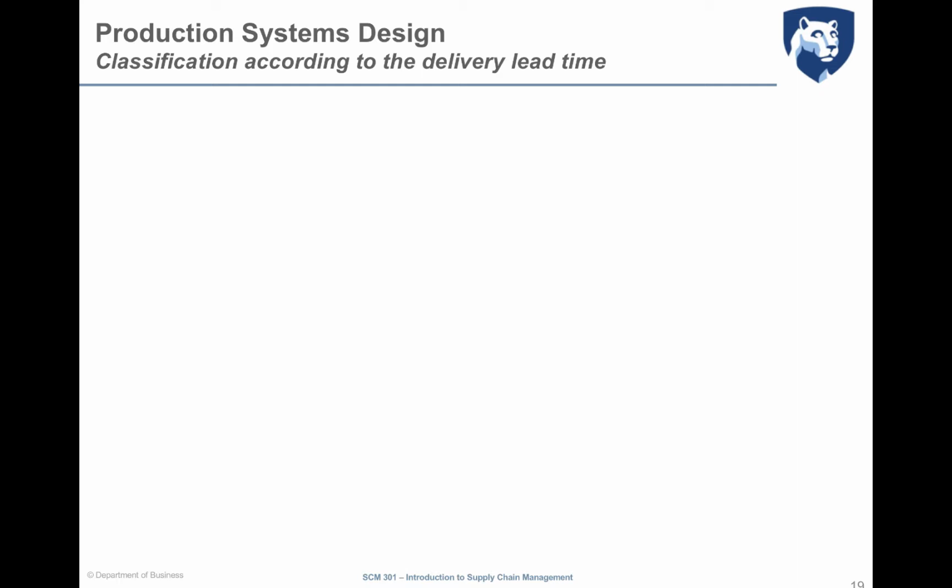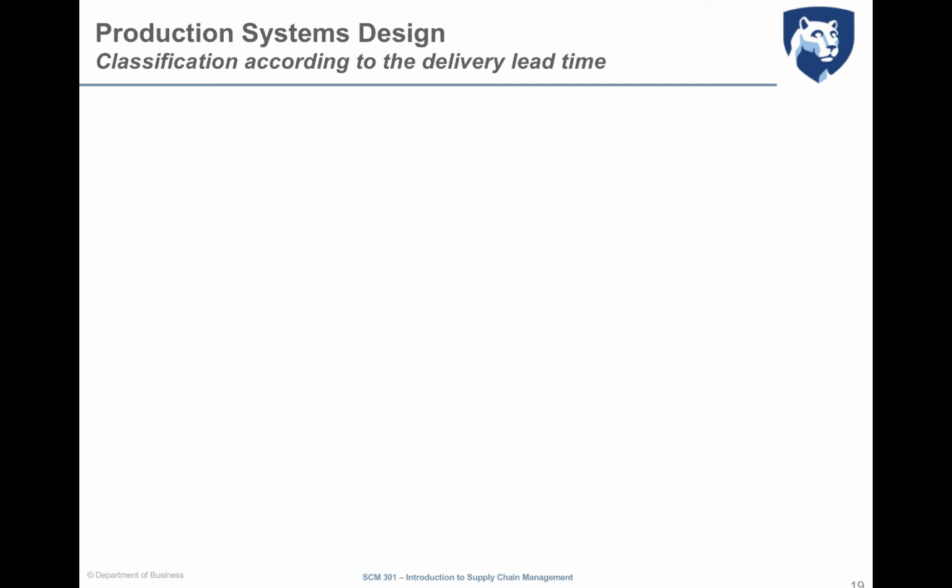Independently from that, once you have clear in mind which is the type of product you need to realize, which are the different configurations, and which is the content of that product, a critical decision that you need to take is how are you going to satisfy the market demand. So how you want to manage the delivery lead time.